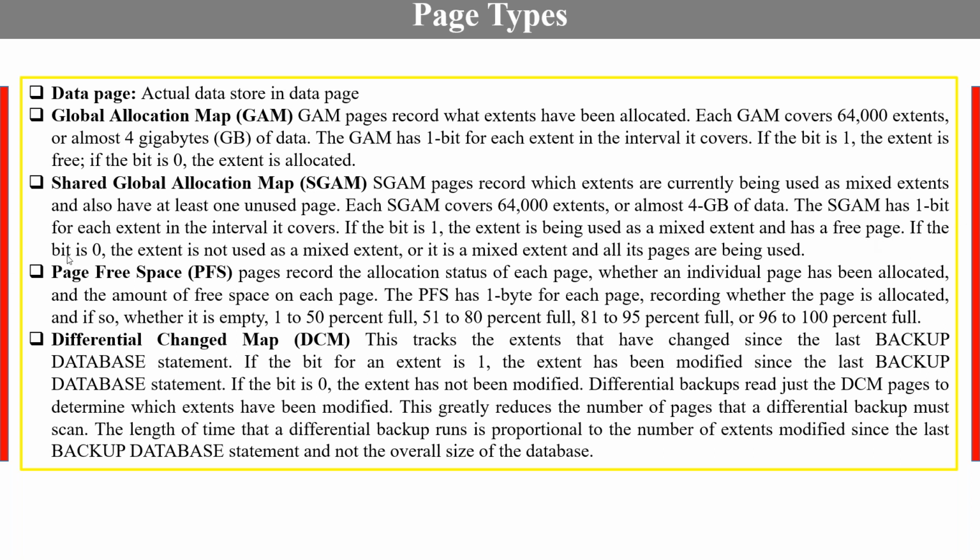If the bit value is 0, the extent is a mixed extent and all the pages have been used, or that extent is completely filled up with data, there is no space. That is how SQL Server will consider it.